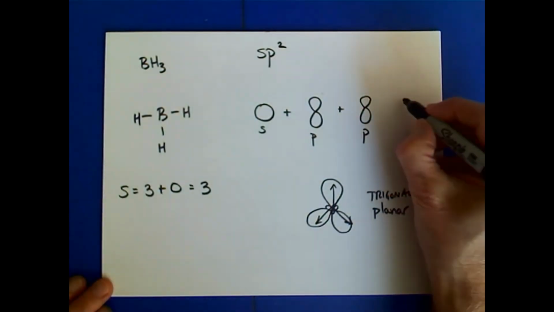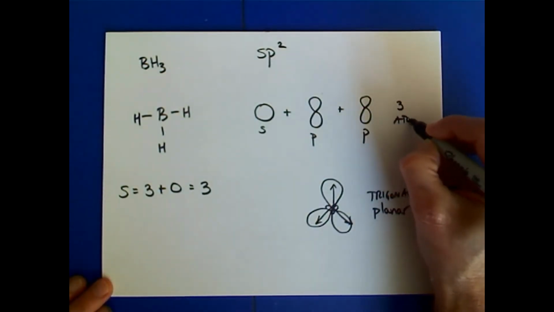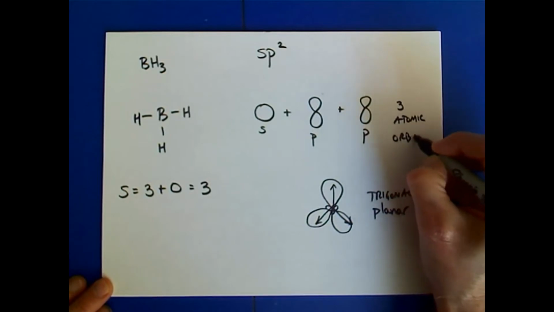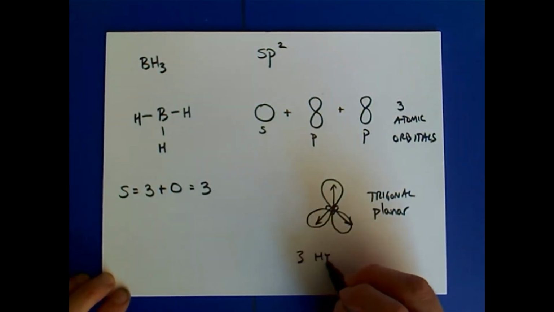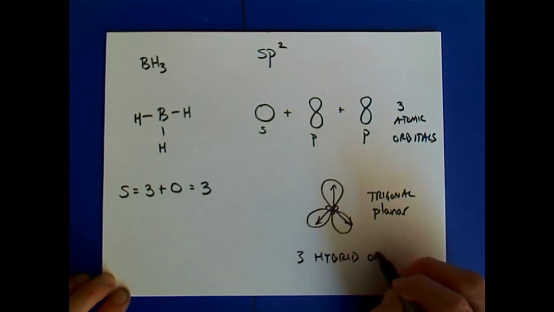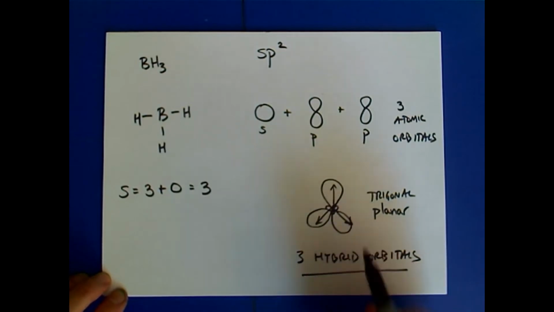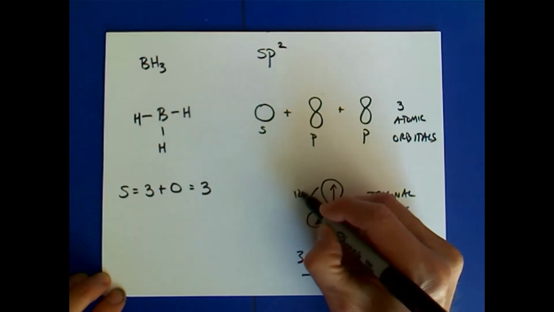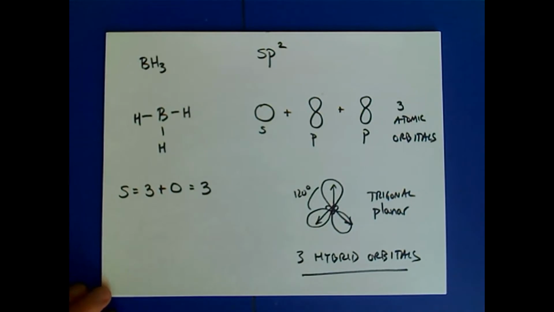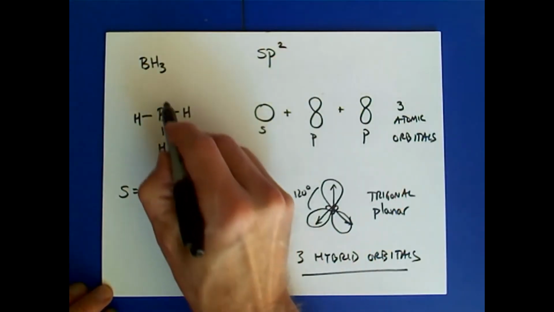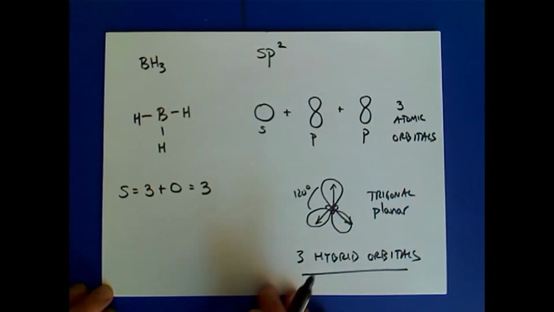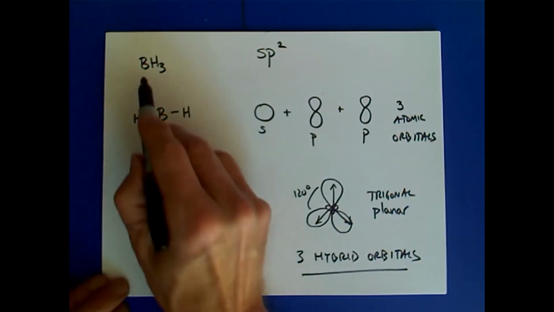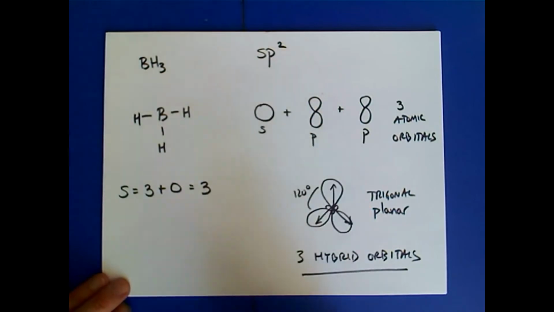So you notice here you take 3 atomic orbitals, and you end up with 3 hybrid orbitals, all of which point to the corners of an equilateral triangle with 120 degrees in between them. And this is the basis for how the trigonal planar arrangement ends up occurring in BH3. That's where we end up getting it; the central boron we would say is sp2 hybridized.